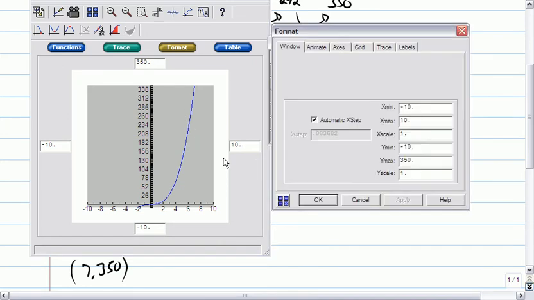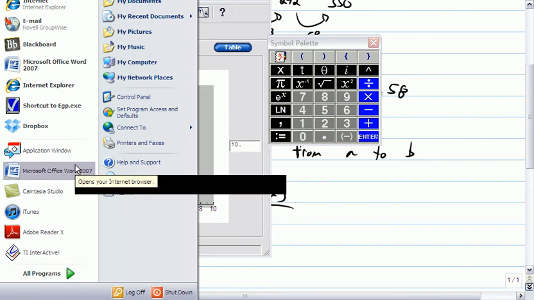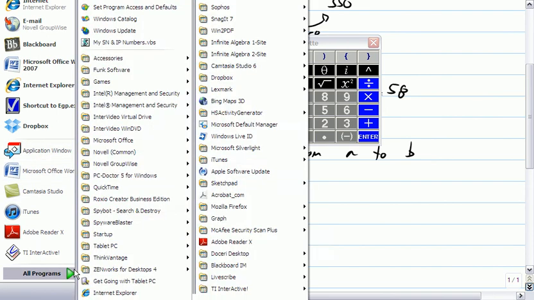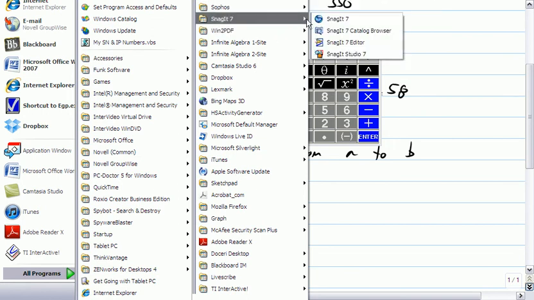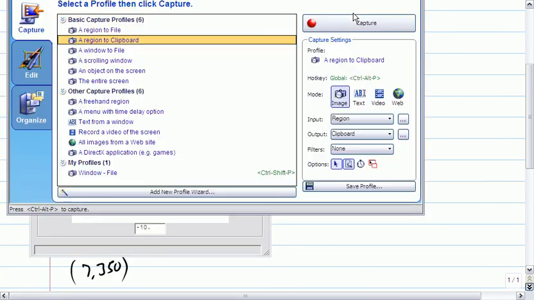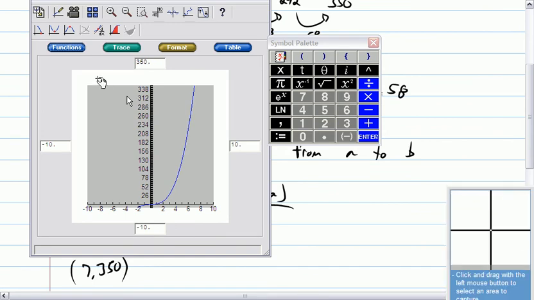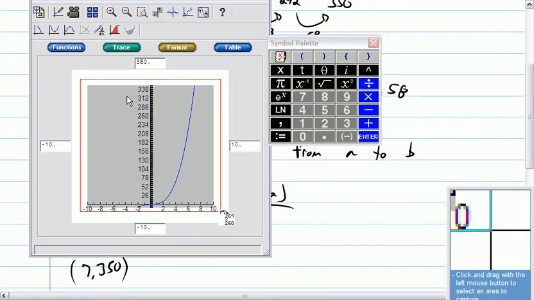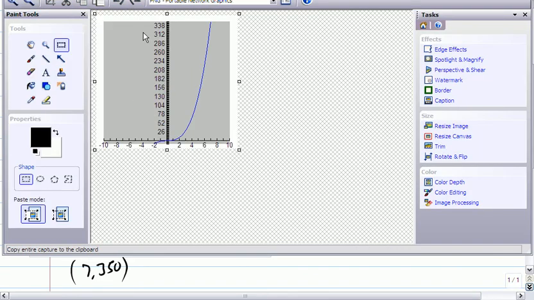Alright, so let's get a picture of this graph so I can use it. I can show you this. There's the program. Clipboard, okay.